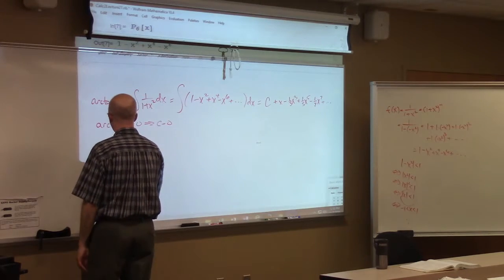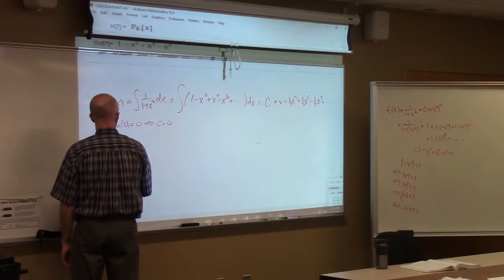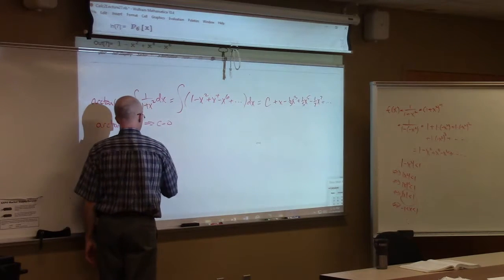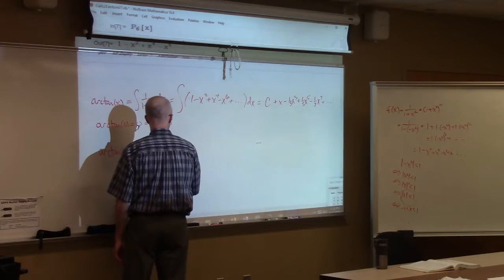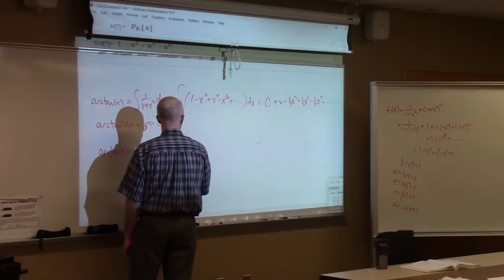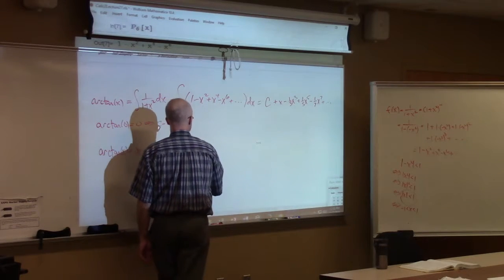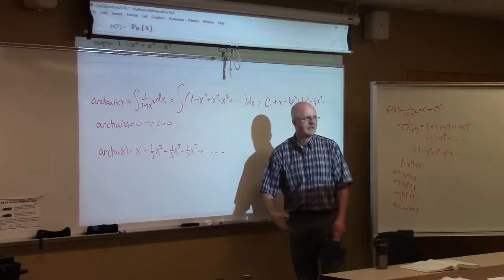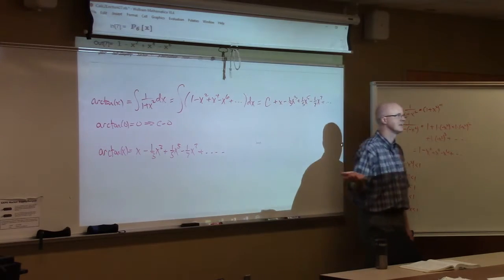So in fact, evidently, arctangent of x is x minus 1/3 x cubed plus 1/5 x to the 5th minus 1/7 x to the 7th, etc., as an infinite series, an infinite Taylor polynomial.